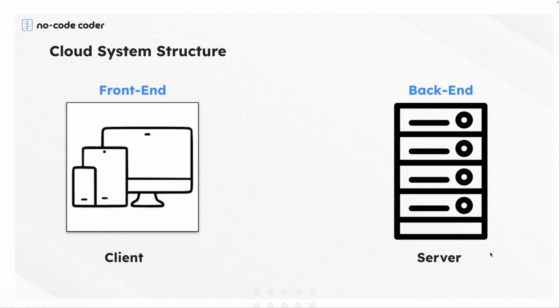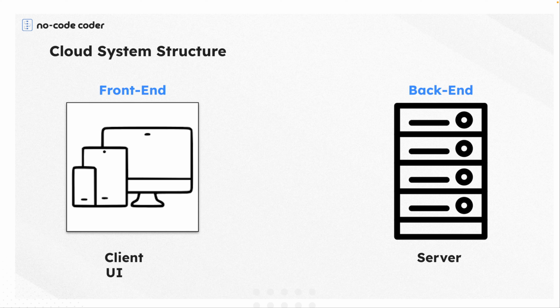Generally a web server, but we use the term server and back end interchangeably. And on the front end we often refer to that as being the client. Again, we use those terms interchangeably. And we may also call the front end the UI sometimes, which is the user interface. So if we mention anything about UI or client or front end, we're talking about the front end of the application, the bit that the user sees and that they interact with.